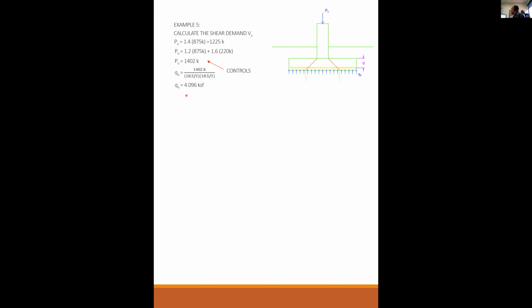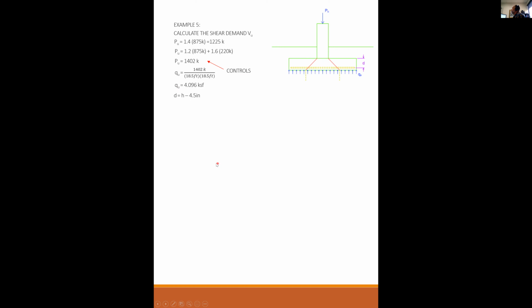Even though Q was less than 3,500 PSF, that doesn't matter. I can't use Q to design my footing. I need QU. So QU is 4.096 KSF. Now I've brought my soil pressure to the factored level. My axial load is at the factored level. I can now determine what my factored shear demand is.